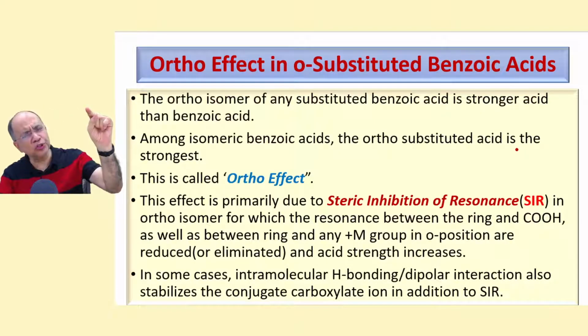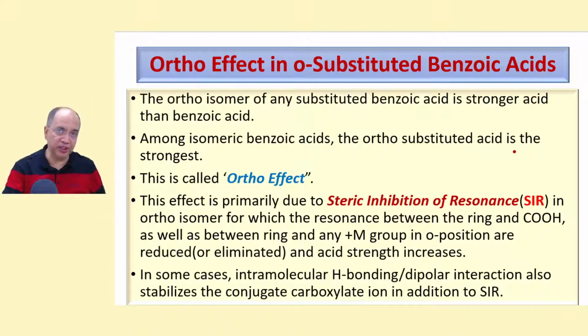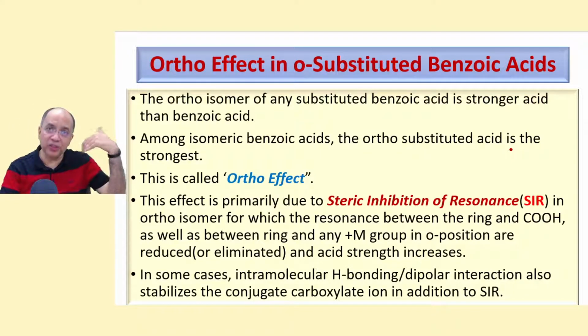Any substituent placed in the ortho position makes it a stronger acid than benzoic acid. And among isomeric substituted benzoic acids, for example, ortho-methyl, meta-methyl, para-methyl, ortho-methoxy, meta-methoxy, para-methoxy, ortho has the highest acid strength, the minimum pKa value.